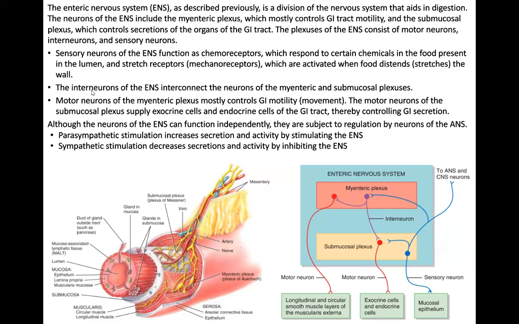The interneurons are going to interconnect the neurons of both the myenteric and the submucosal plexuses, which is what we see here in purple, connecting submucosal and the myenteric plexuses. They become activated when those sensory neurons are bringing signals in to those two plexuses.